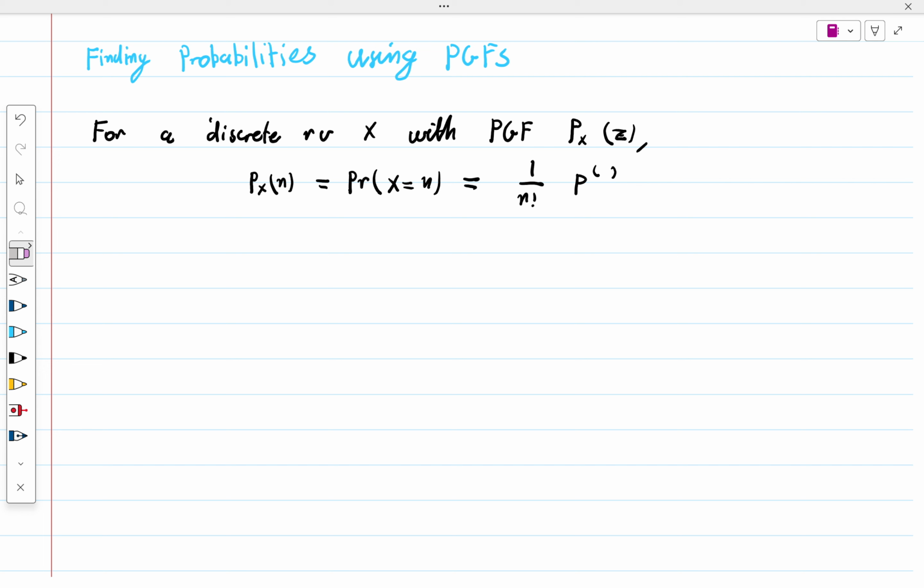Let me make that a bit more clear. The nth derivative of the probability generating function evaluated at 0.